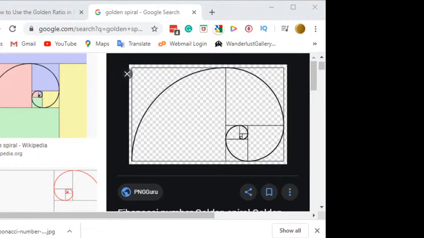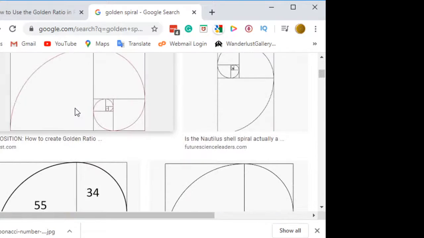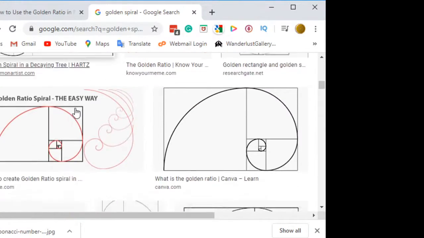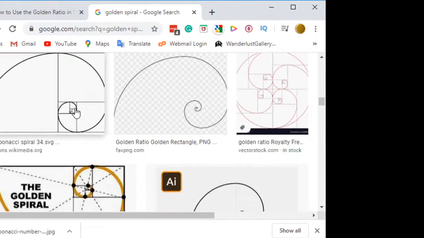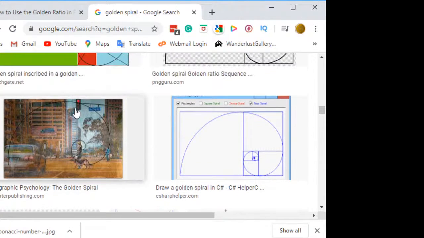One of the things that you will find when you start looking for that golden spiral, okay, is you will find all kinds of applications to it. Now, I must admit, there are many examples that I look at that go, okay, you just plopped that over top of a picture.